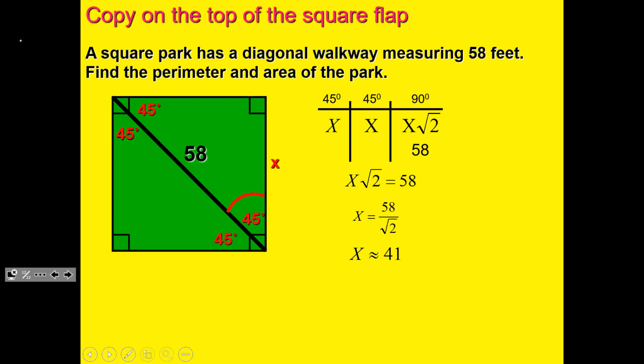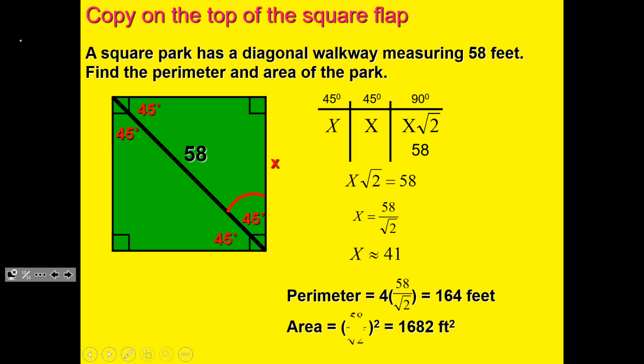So it's going to give you some square root answer, which they went ahead and typed in the calculator, which is approximately going to be 41. All right. If we want to find the perimeter, all you have to do is multiply that number by 4. Area, length times width, so square that number.